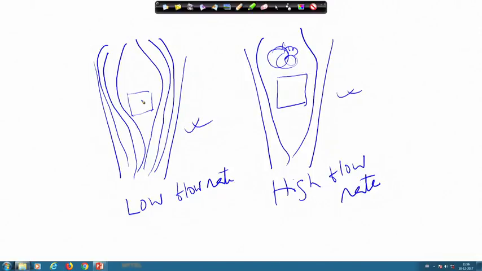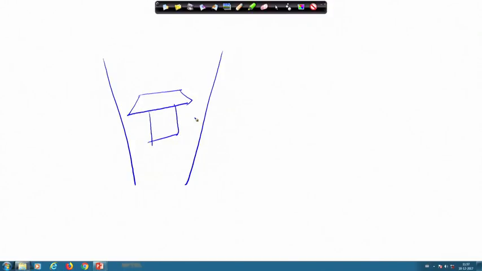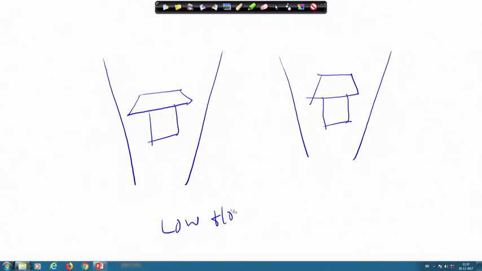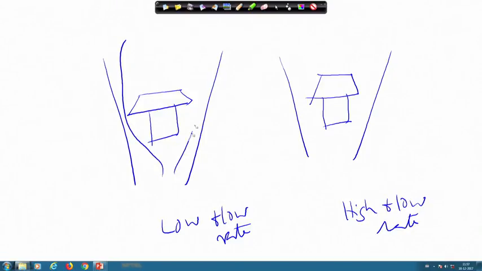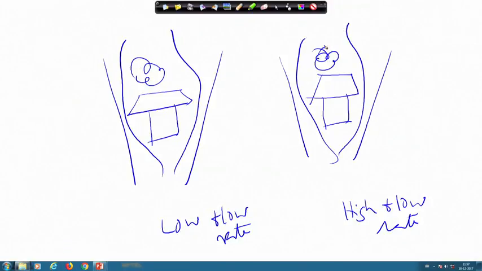But if I design a float such that at low flow rate as well as high flow rate, in both the cases I have similar turbulence, then my situation becomes insensitive to viscosity.